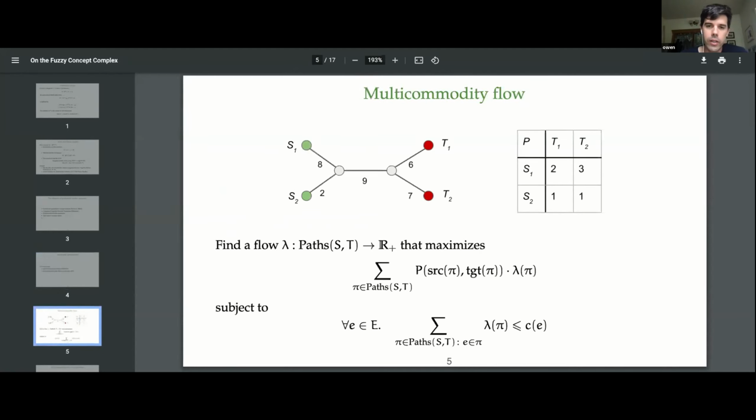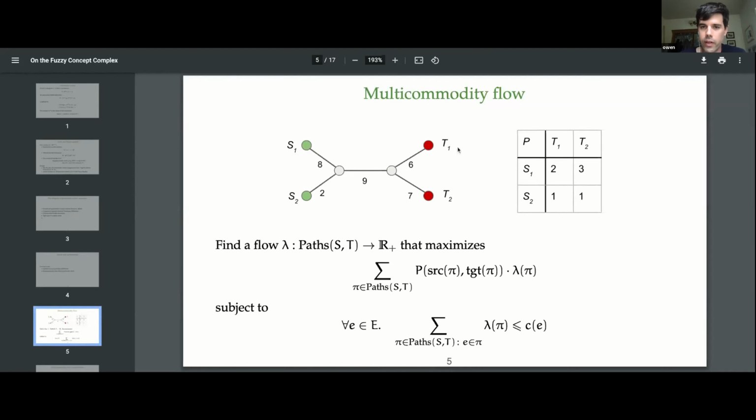So following that earlier work, we'll work in a slightly simplified statement of the multi-commodity flow problem. We're given a graph where each edge is labeled with a positive real capacity. You can think about maybe a sewer network where each pipe has a diameter or something like that. And then we're given a set of source nodes and a set of sink nodes, and someone has offered to pay us for flowing goods between sources and sinks.